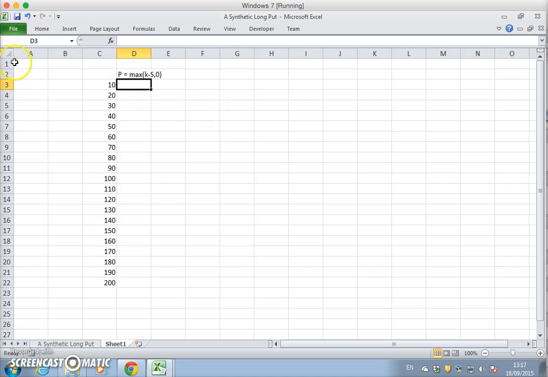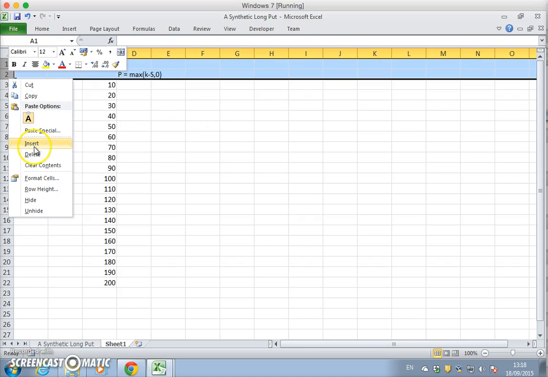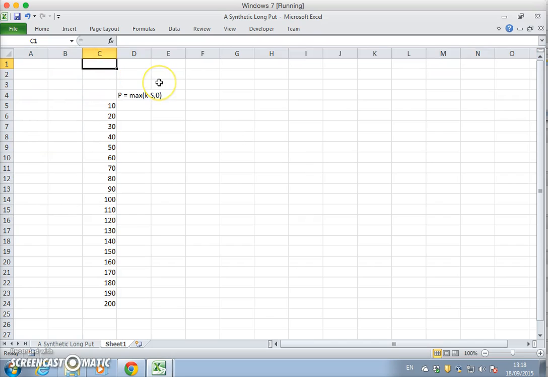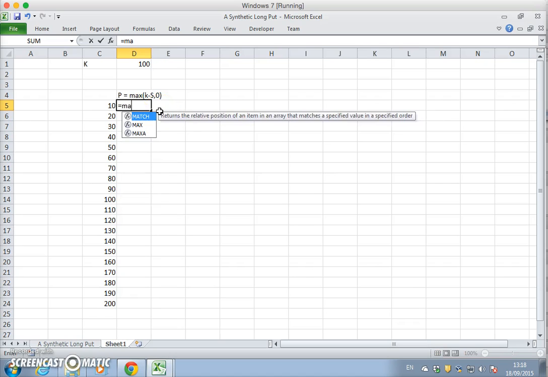If we designate the exercise to be 100, the payoff on a long put option would be the maximum of the exercise price minus the stock price, or 0. We'll F4 to lock the cell reference, close brackets, and we just pull down.